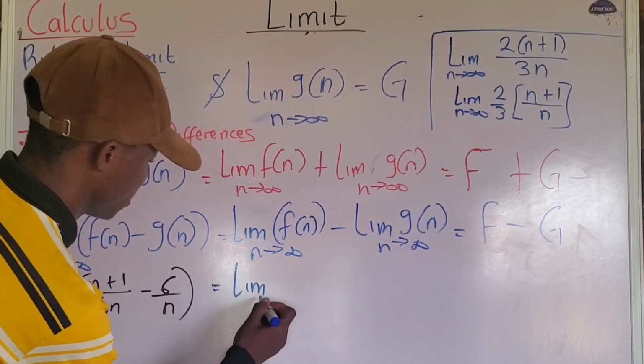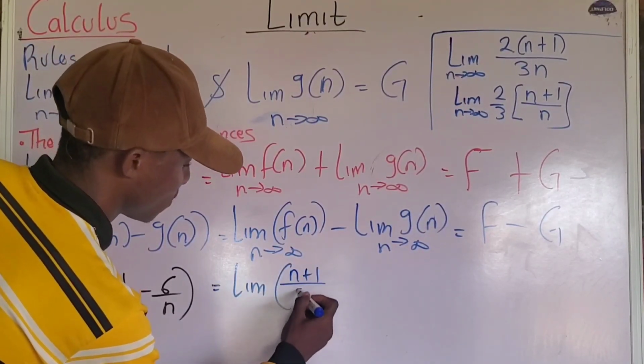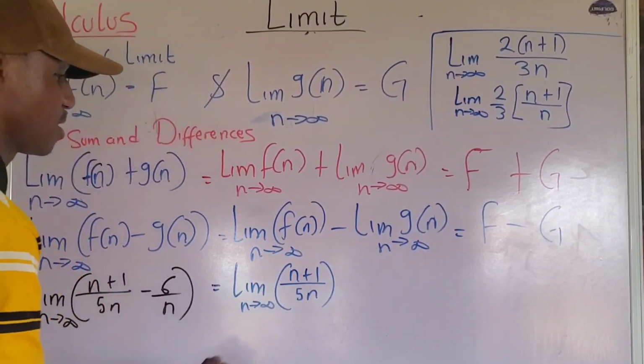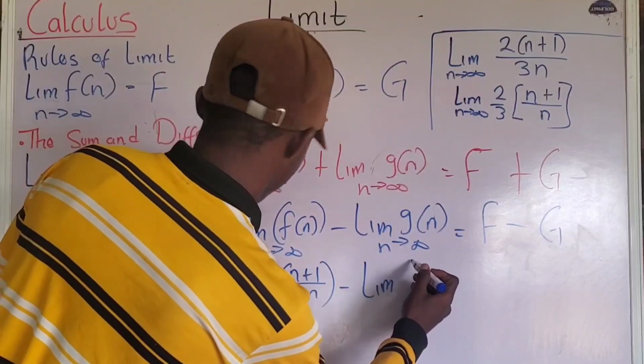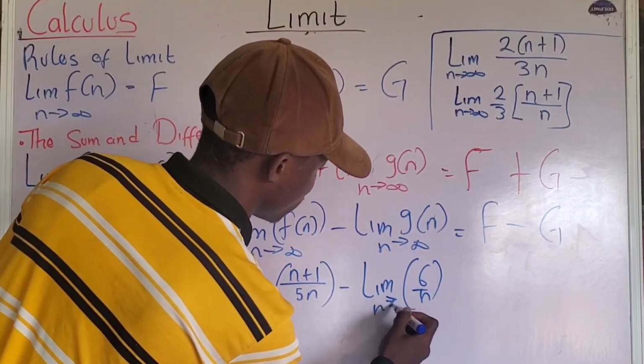Limit of n plus 1 all over 5n as n tends to infinity minus the limit of 6 over n as n tends to infinity.